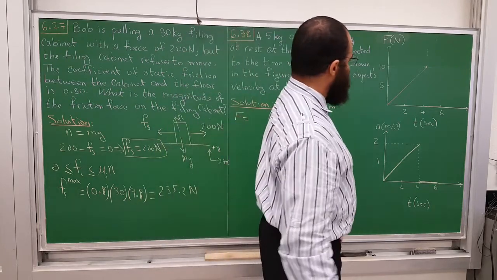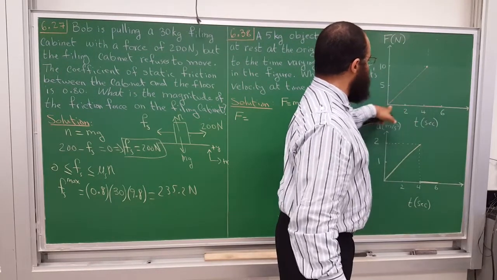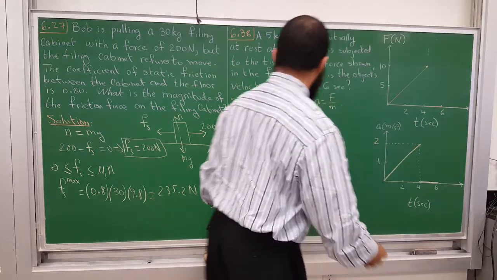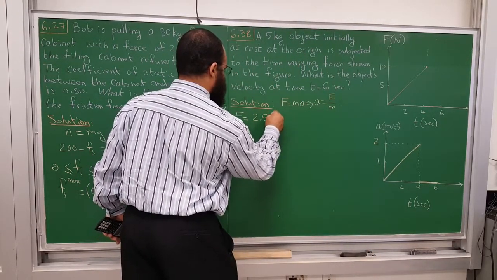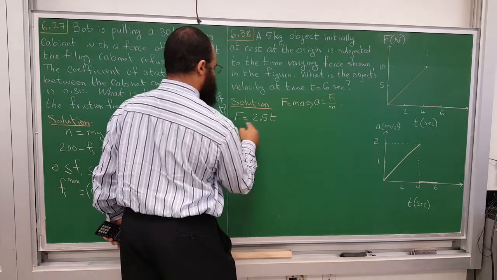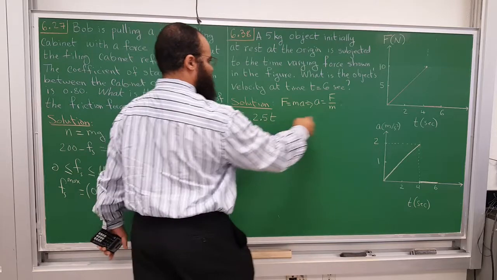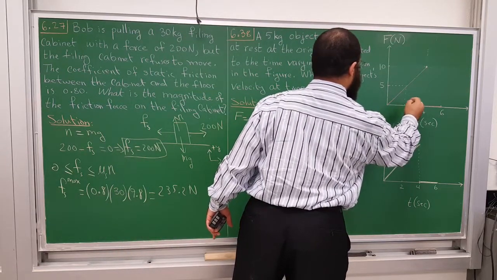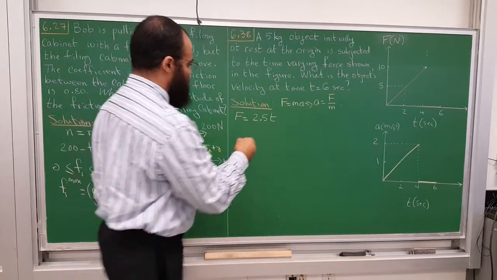The slope is what? Rise over run, so 10 over 4, or 5 over 2, 2.5. So 2.5 times t. Let's verify that. When t is 0, you get 0. When t is 2, the force is 5. And when t is 4, you get 10. So that's the formula for the force.